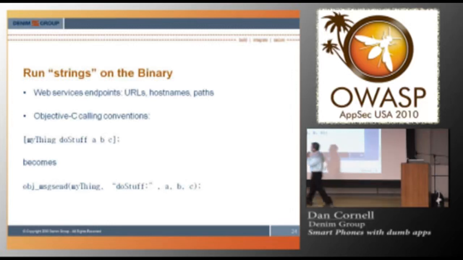So if you call for object my thing and you call do stuff and the args are ABC, that gets translated in the C code to the equivalent of calling objc_msgSend with the object and a string for the method that's being called, and then var args stacks the stuff up after that.